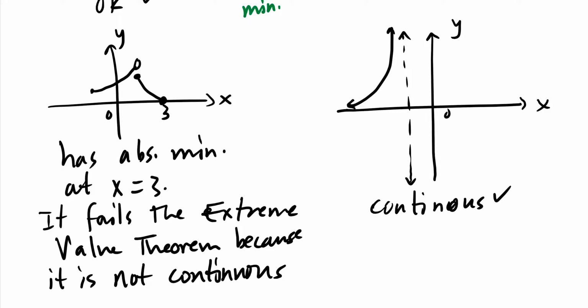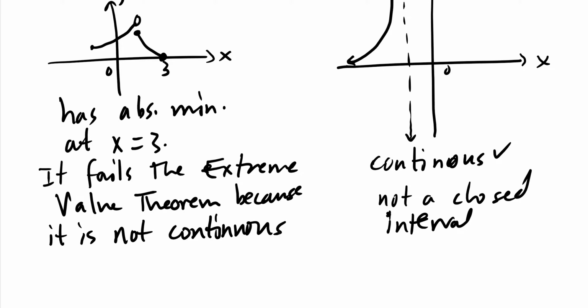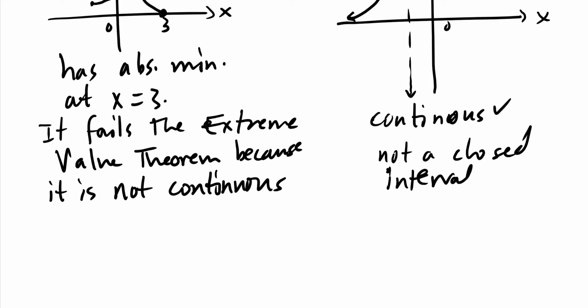But wait, it's not a closed interval. So the absolute min and max do not have to be attained. That's why we ignore that. It means I do not have to worry about finding the absolute min and max for this specific function.